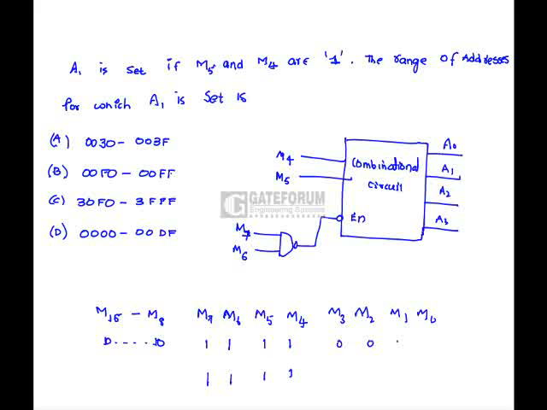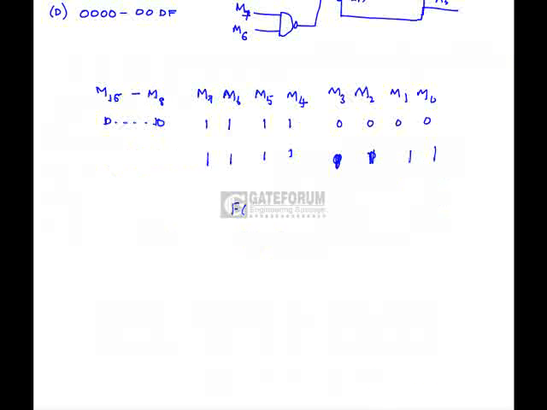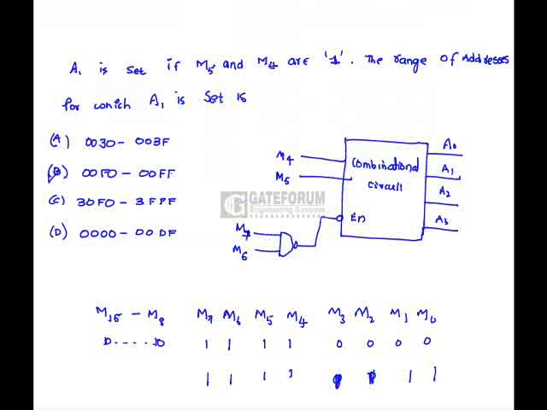M3, M2, M1, M0 can be varied in this range. So it is F0 to FF, this lower byte. So the complete address range is 00F0 to 00FF. Hence option B is correct.